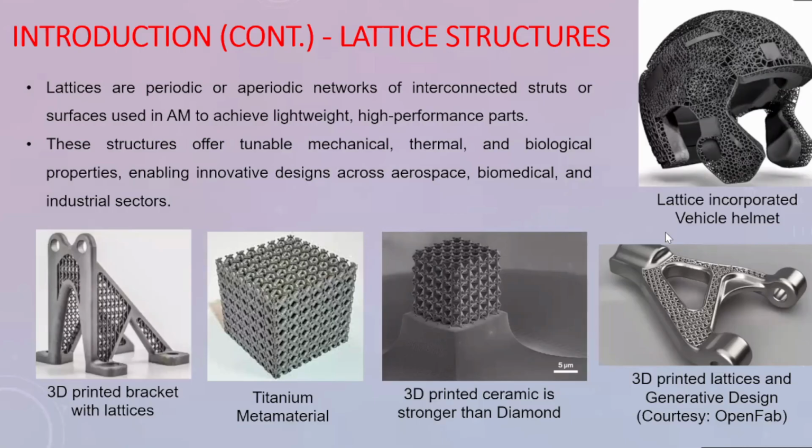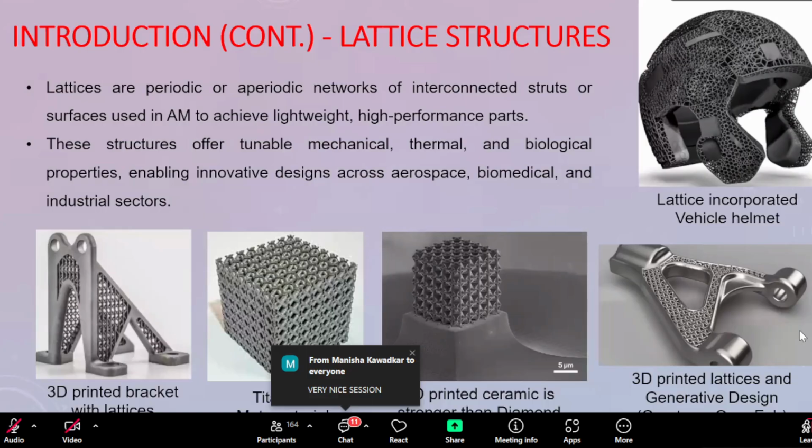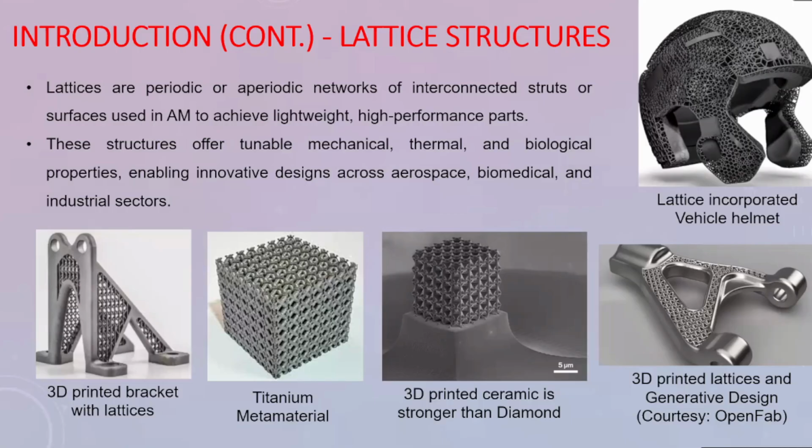And you can see lattice structures incorporated in the helmet. And this is an automobile part, a bearing, where we are able to generate the lattice using a technology called generative design or topology optimization. And I will show you in my slides what softwares are available, commercial or open source, to make this kind of lattice structure for starting your research.